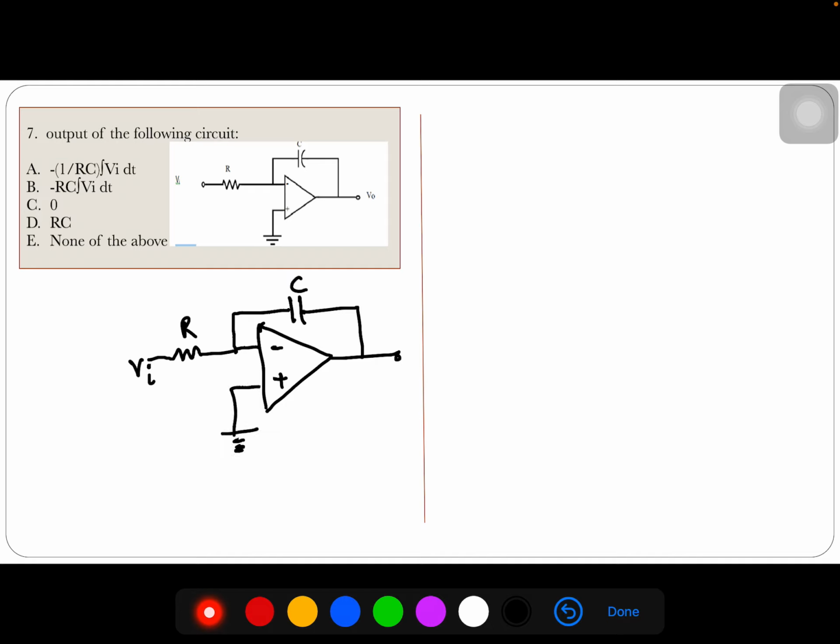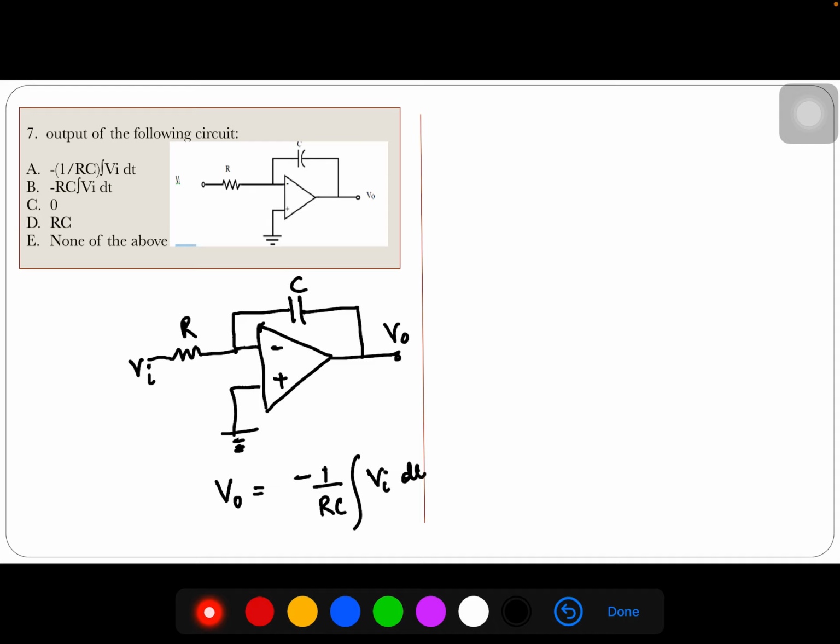While in the case of a differentiator, the positions of the resistor and this capacitor are swapped. That means the resistor comes into feedback and the capacitor comes in the series. So this is an integrator, and for an integrator, the output is given by minus 1 upon RC integration of Vi dt.